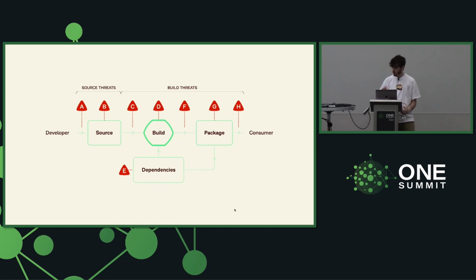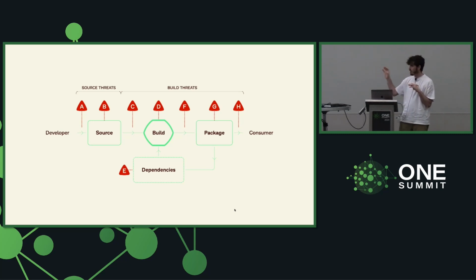And here we can see the breakdown of how we can attack the supply chain. Basically, in every part of the way, we can find a way to infiltrate. This graph was made by SLSA, which is a subset of the Linux Foundation, and it got pretty popular.